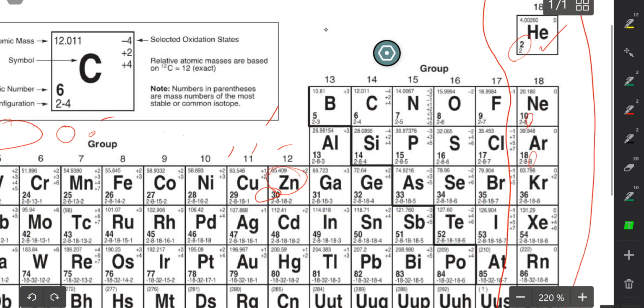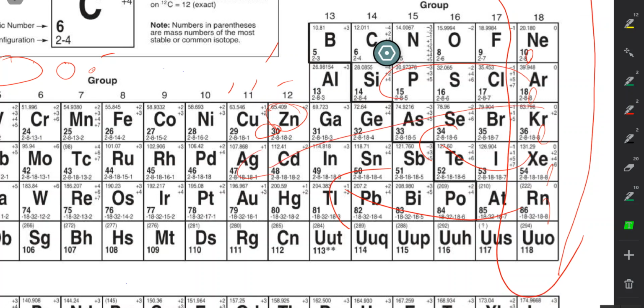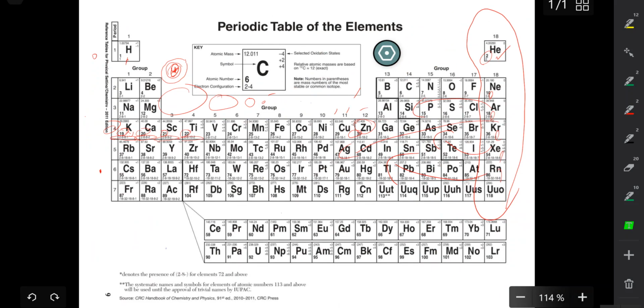Argon, 8. Krypton, 8. All of these other ones also have 8 valence electrons in their last shells. This means that they are chemically stable, and they will very rarely react with all these other elements. So they don't want to lose electrons, they don't want to gain electrons, because they have already achieved chemical stability. Okay.